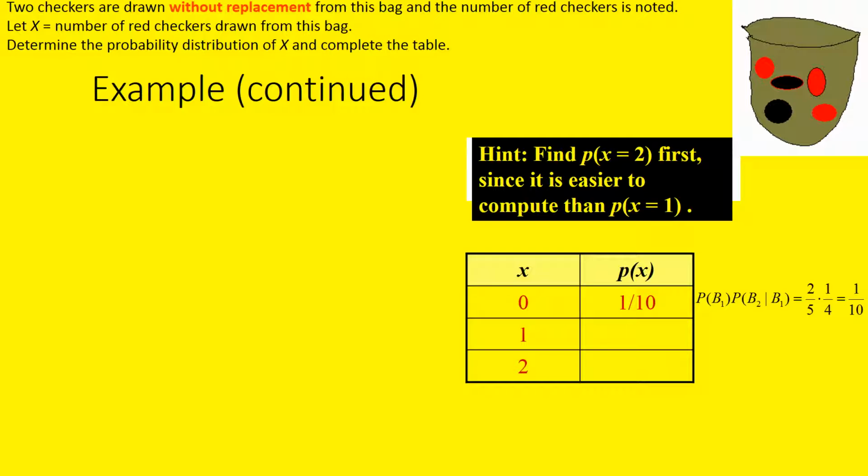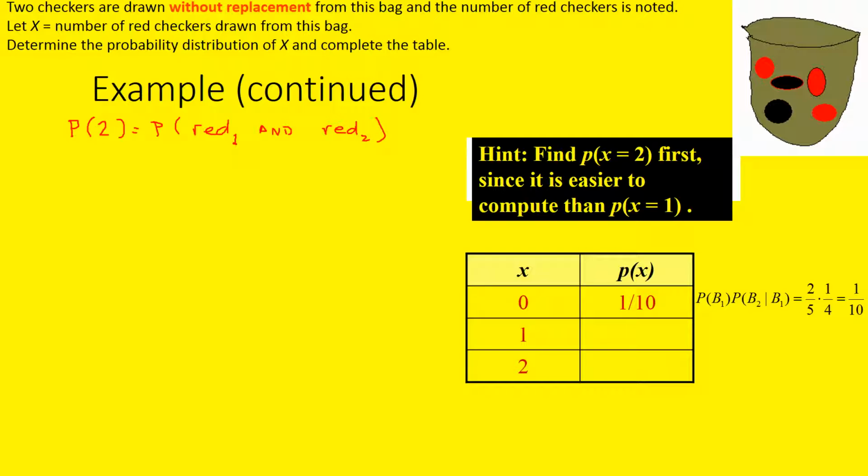So, probability of 2, which is probability red on the first draw and red on the second draw.